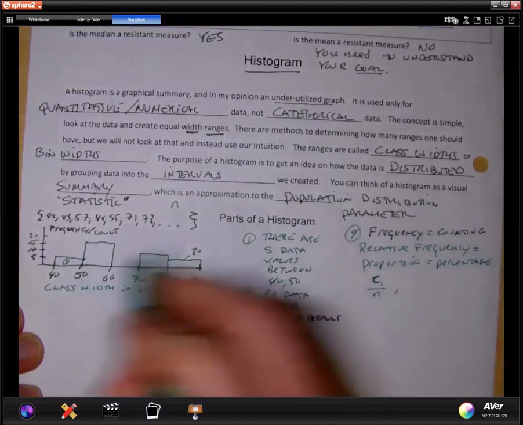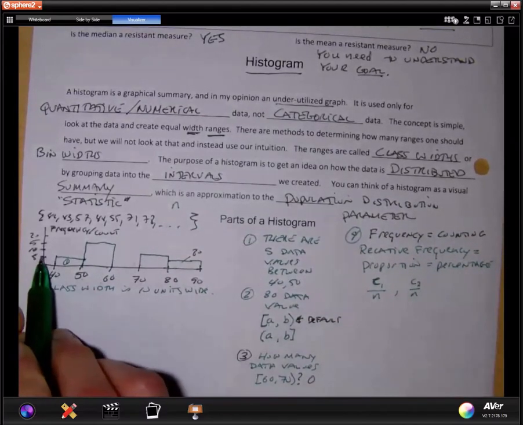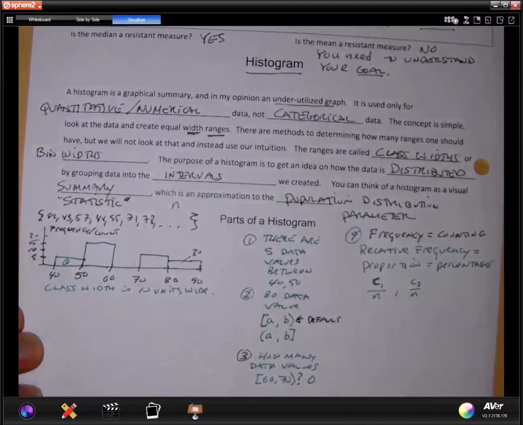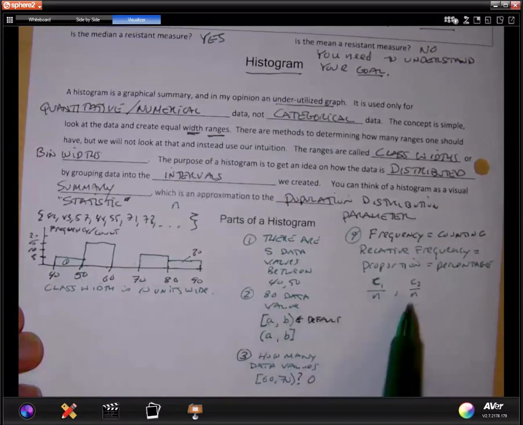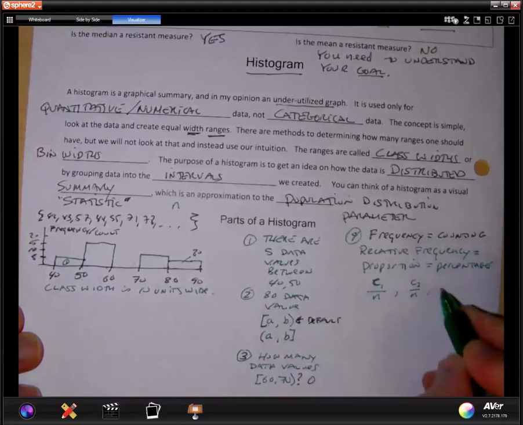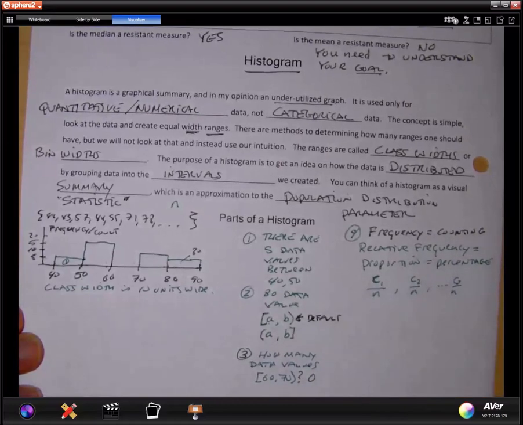Then between here and here, how many fell into that count, and divide by n, and so on. And all these rectangles need to add up to 100%, since the sum of C1, C2, and so on, the different counts, has to add up to n. But that's a relative frequency.